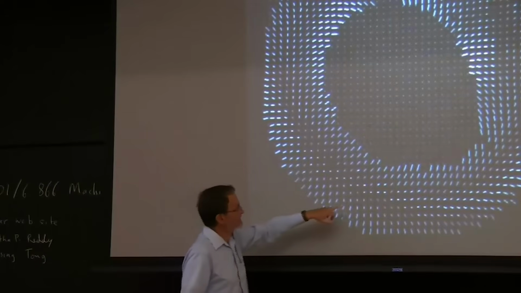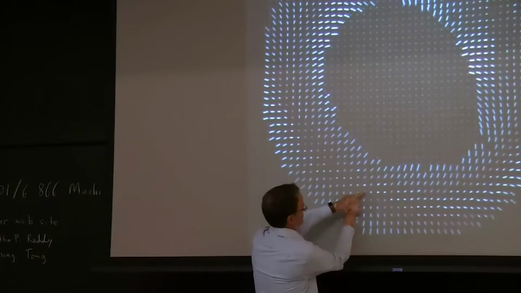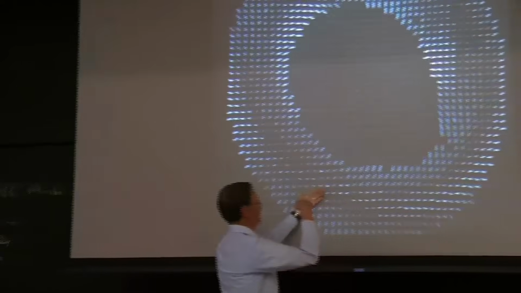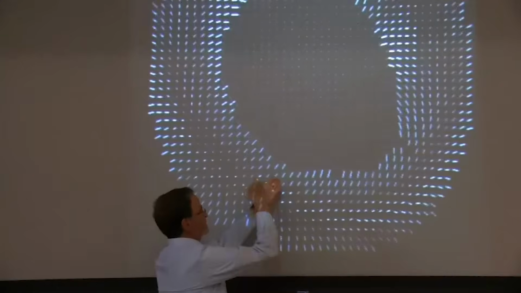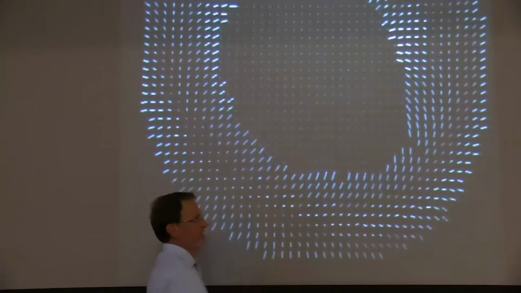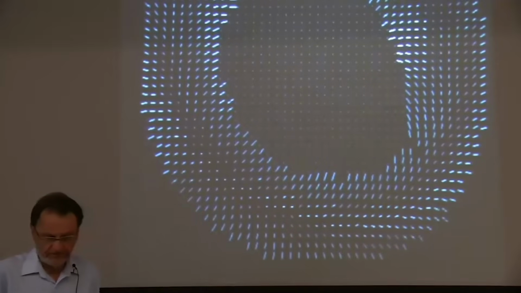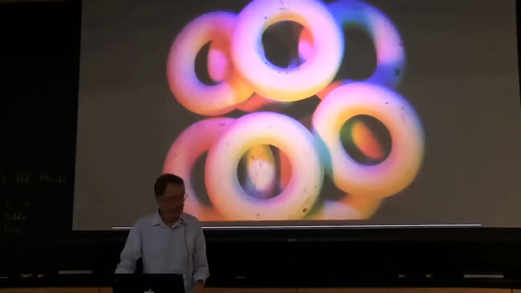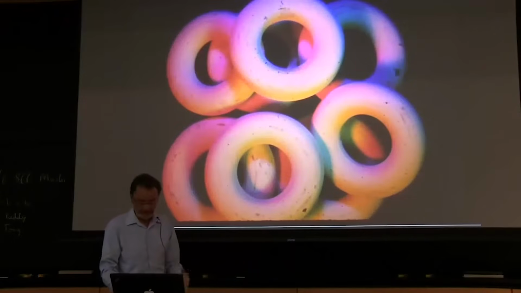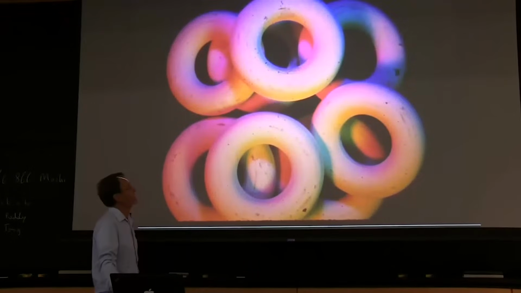In some areas, like here, they're pretty much pointing straight out at you. So here you're looking perpendicular onto the surface, whereas over here, the surface is curving down and you're looking sideways. So that's a description of the surface, and we could use that to reconstruct the shape. But if we're doing recognition and finding out orientation, we might do something else.